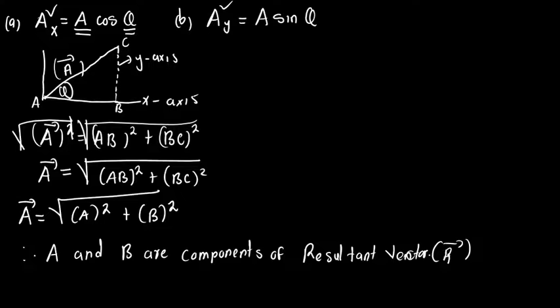This formula is the one that we should use to find the resultant vector, given the components.